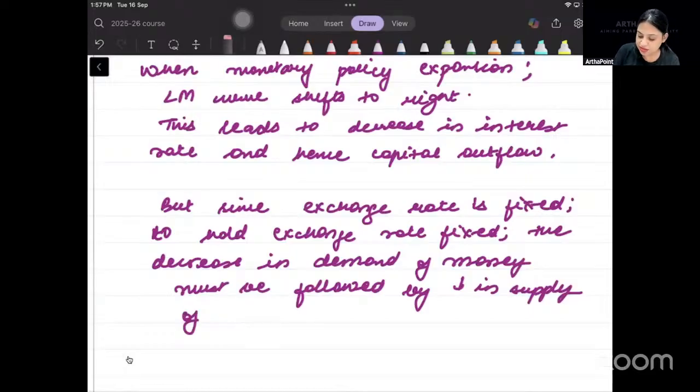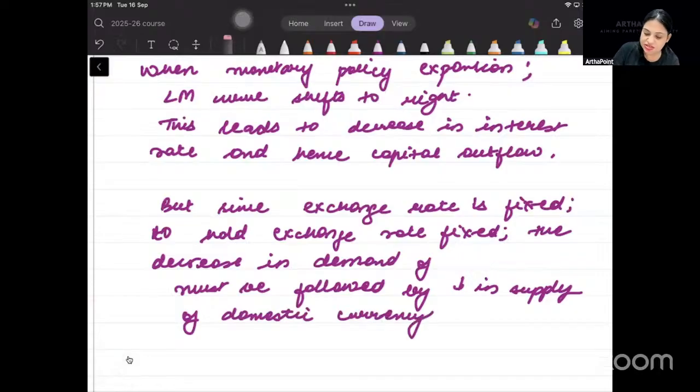Instead of money, we can write domestic currency: decrease in demand of domestic currency.